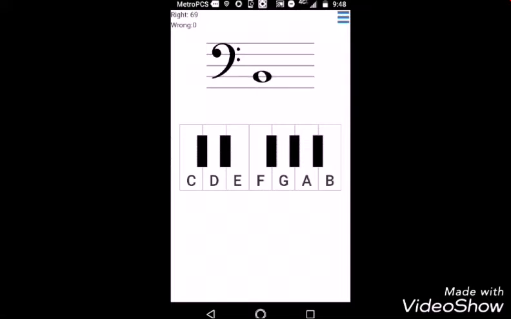B, leading tone. D, gift. G, cadence. C, G to C. See that? There's a G again. There's a D, gift. There's a B, leading tone. G, cadence. There you go, G to C, 5 to 1.